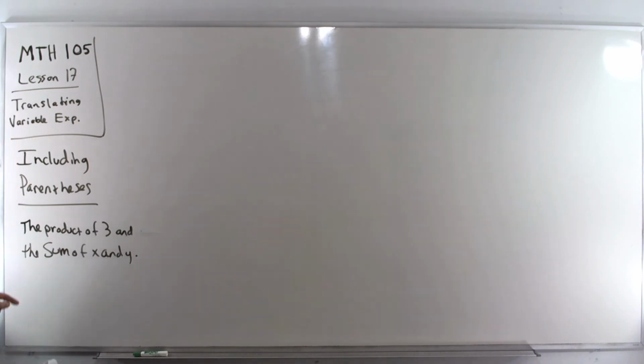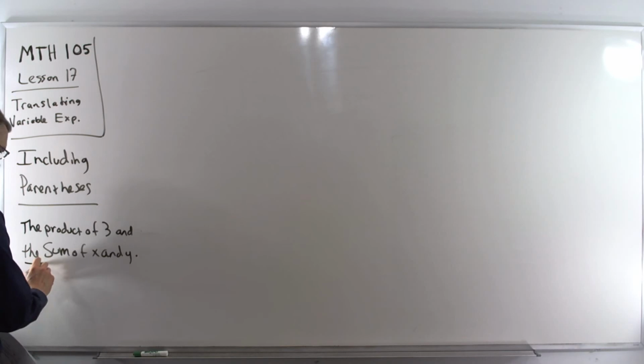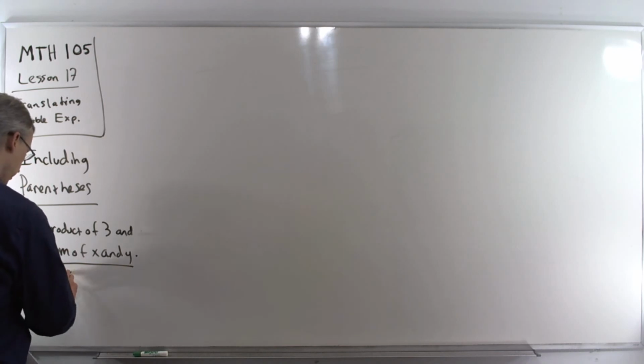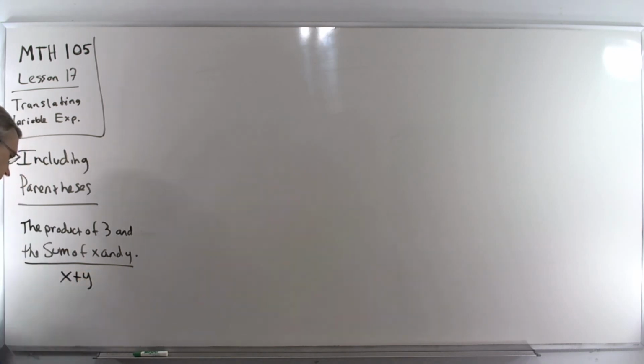All right, we're going to translate this. The product of 3 and the sum of x and y. So the second part here, the sum of x and y, that's our simple expression. Sum is addition. We got 2 numbers and a variable, so x plus y.